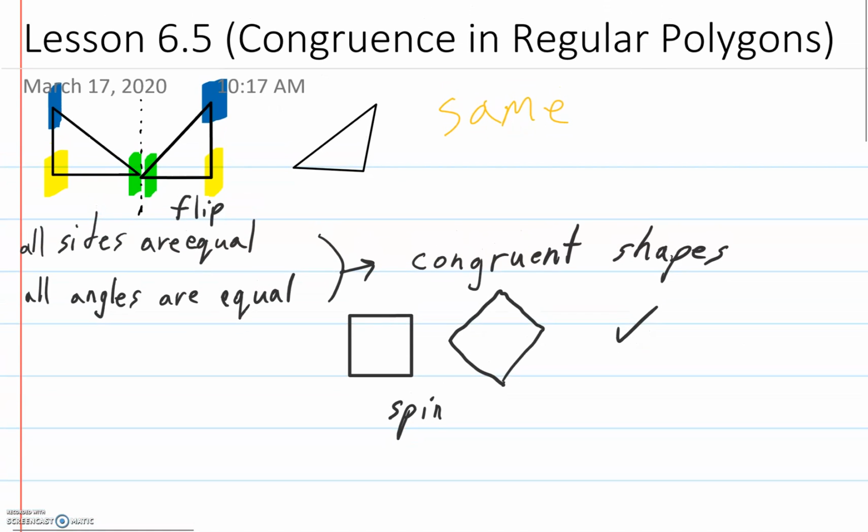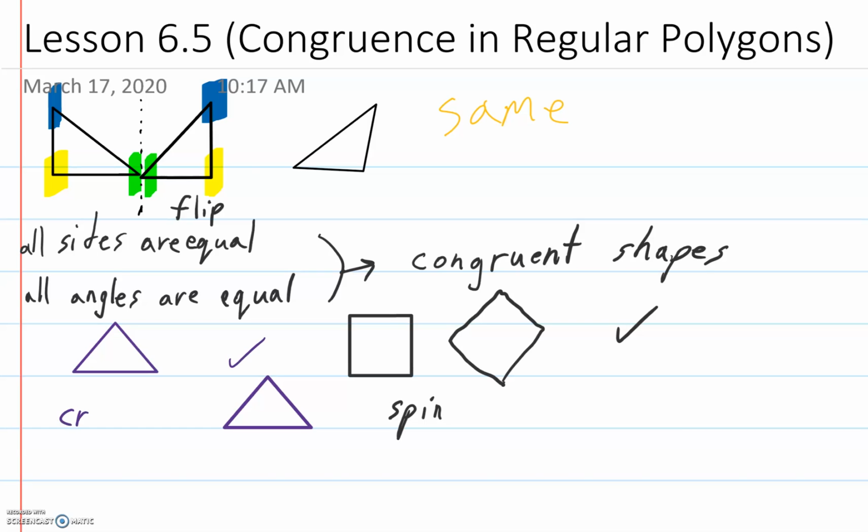If we continue down, let's try a different one here. Let's try a triangle like this, and we try a triangle like this over here. Well, they're the same, so they are congruent.